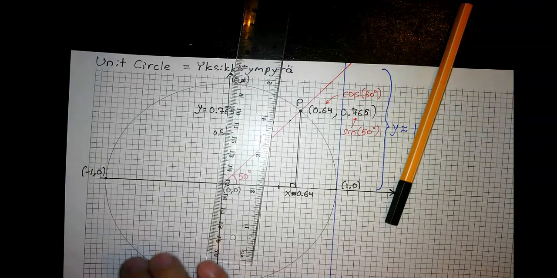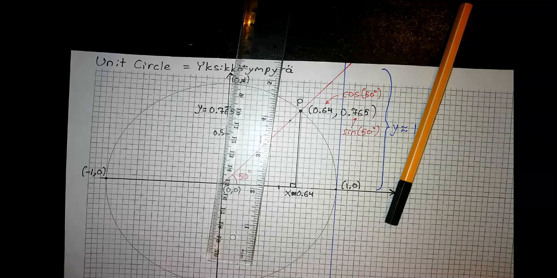If you want to get a tangent value, for example, 3 million, you just take an angle which is very near 90 degrees, but a little bit below it.